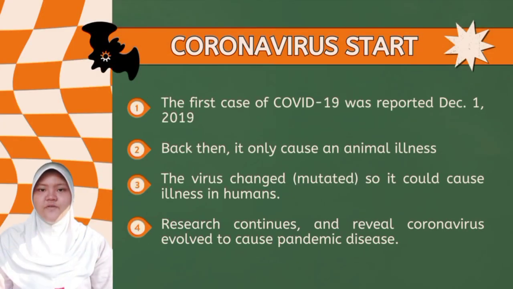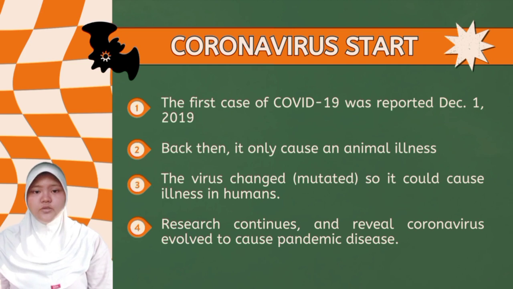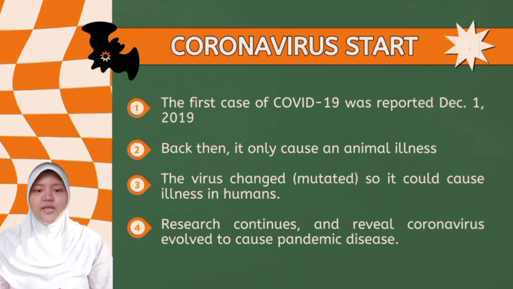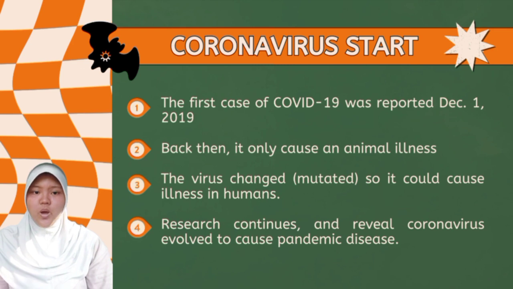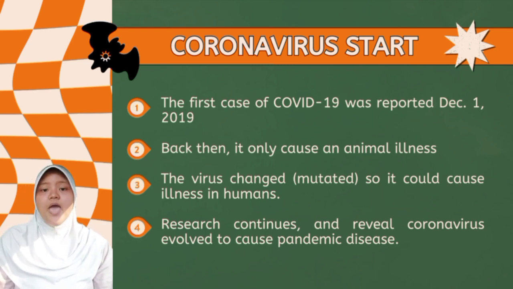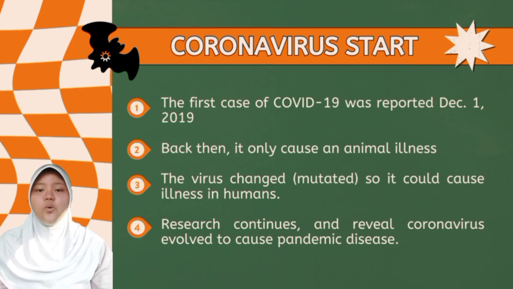How did the coronavirus start? The first case of COVID-19 was reported December 1, 2019, and the cause was a then new coronavirus, later named SARS-CoV-2. SARS-CoV-2 may have originated in an animal and mutated so it could cause illness in humans.